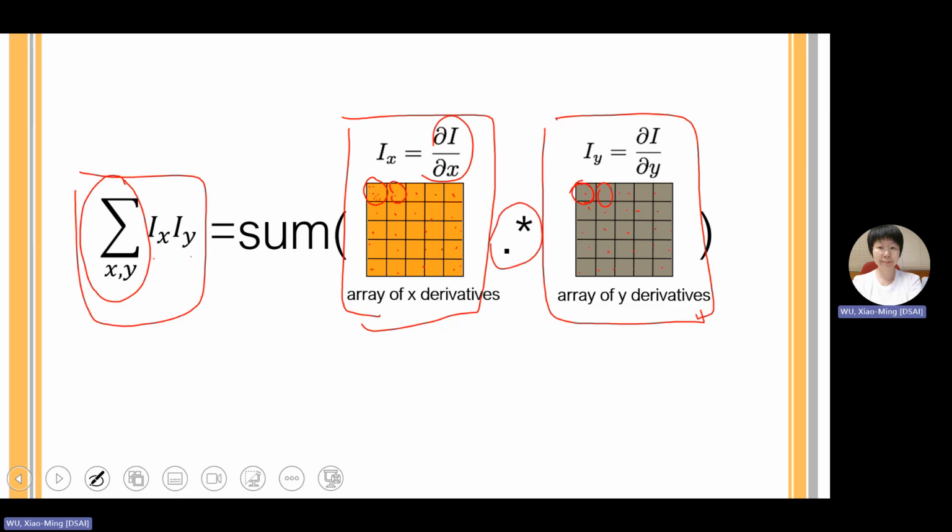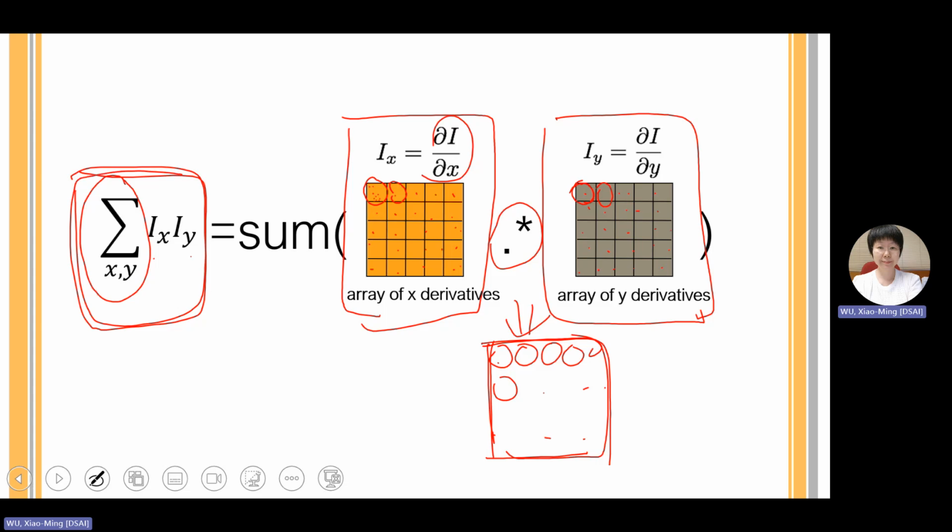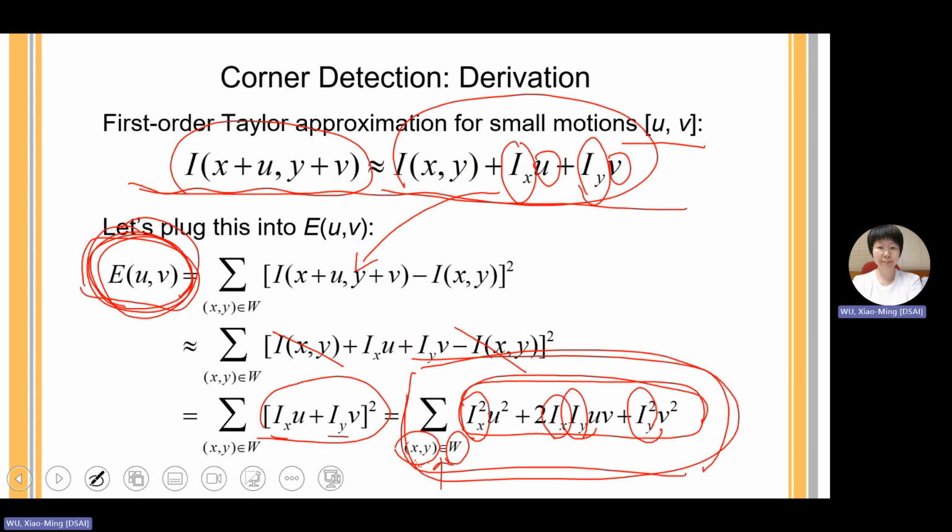And then we obtain this new matrix, and then we sum up each element within this matrix. So that's how we compute this term. Clear? So now you know.